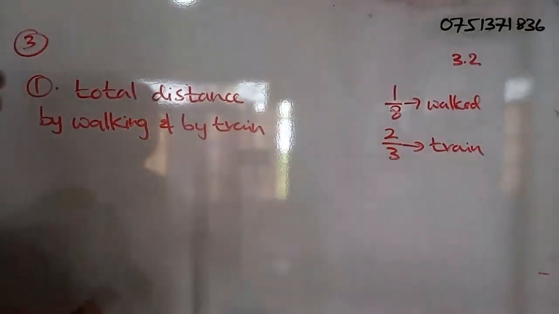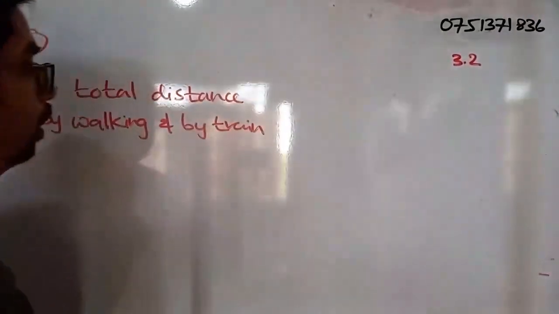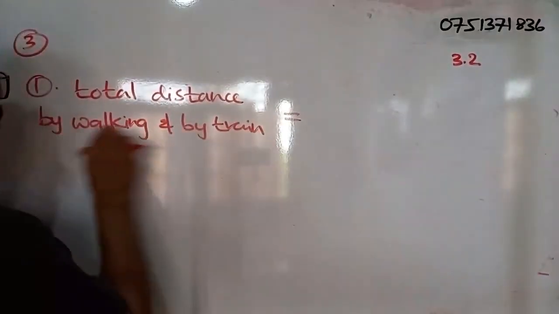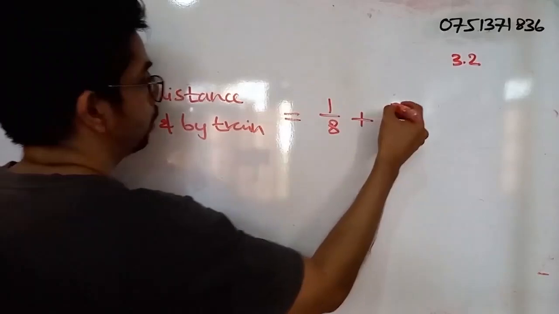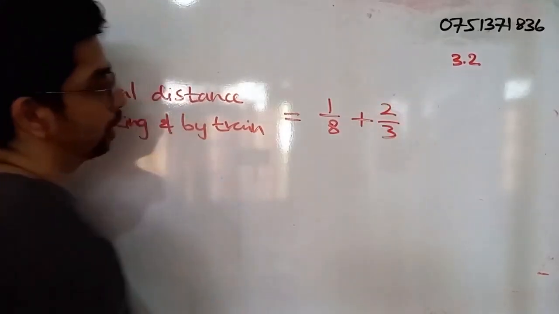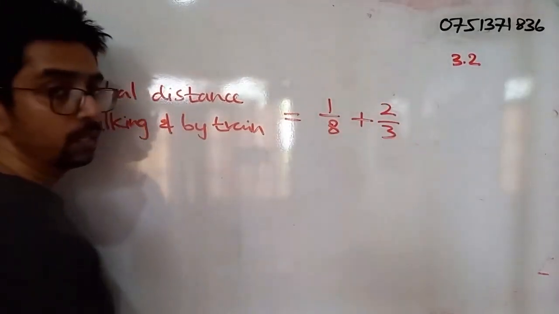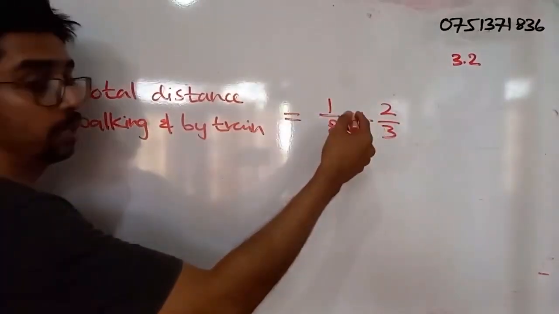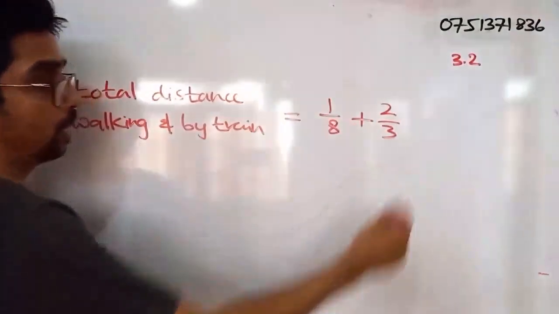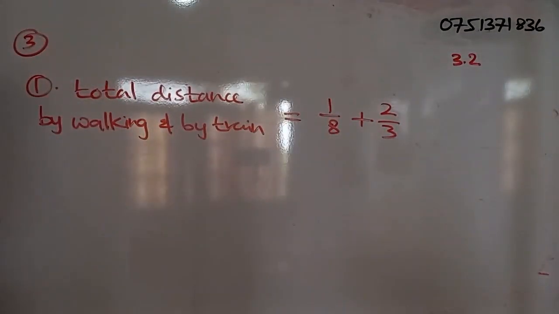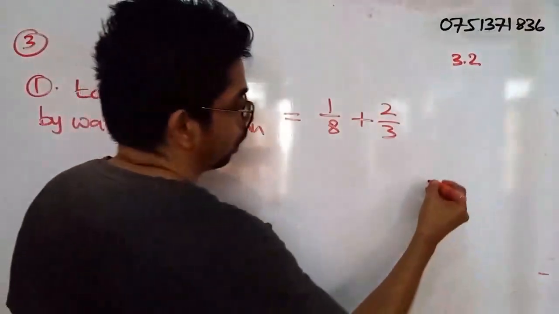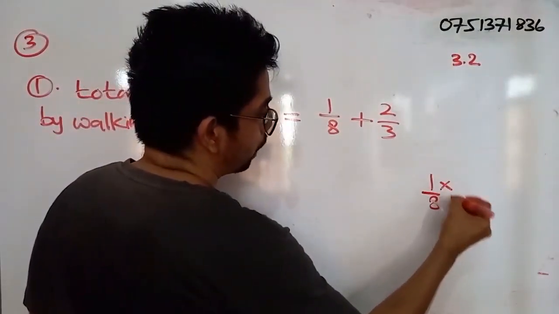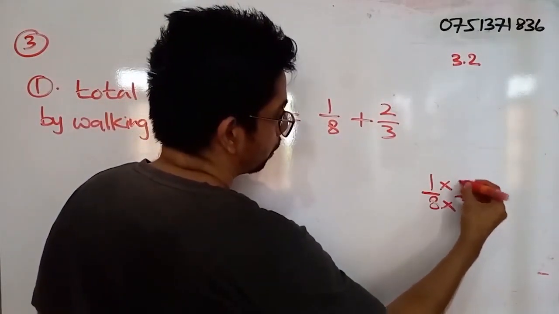So how do we get it? Equals by walking 1/8 and by train 2/3, right? So 8 and 3, two denominators which are different, so we have to calculate the least common denominator, which will be what? 24, right? So 1/8, I have to multiply the numerator and the denominator by 3.